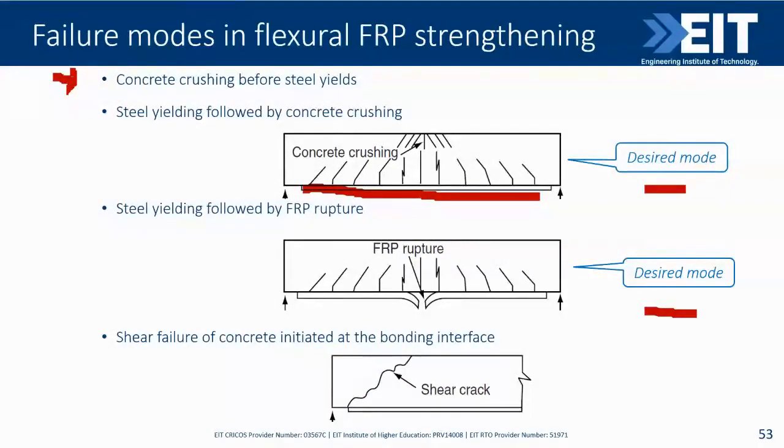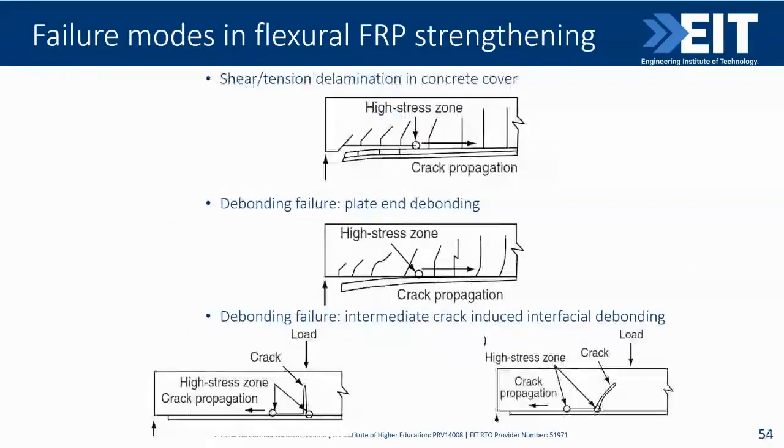The shear failure of concrete initiated at the bonding surface, so it initiates here and propagates towards the top. It's another failure mode. These modes become important when we design, so we need to consider them when we calculate the resistance.